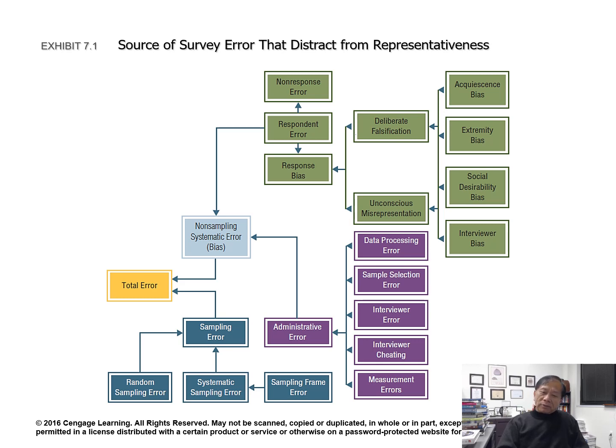I actually have experienced that. And there are measurement errors. See, all these contribute to total errors. Now that is something you try to avoid and something you also have to realize. And you have to acknowledge that in your paper.